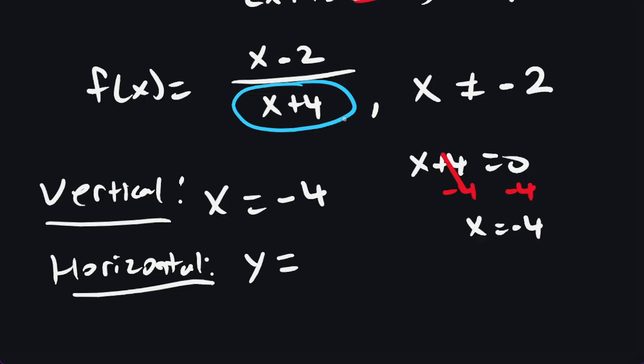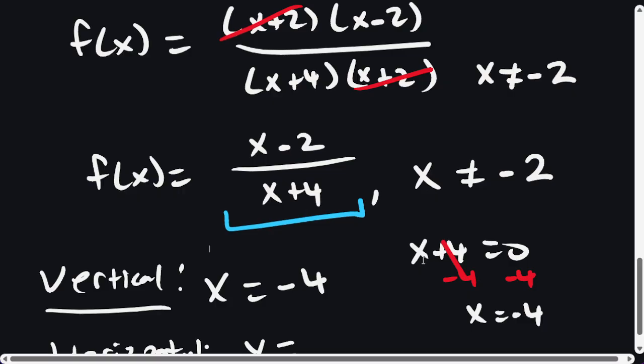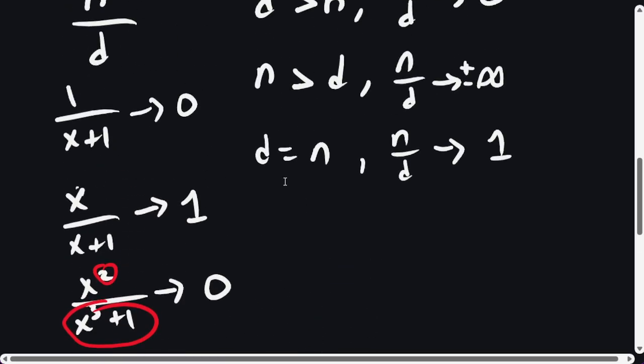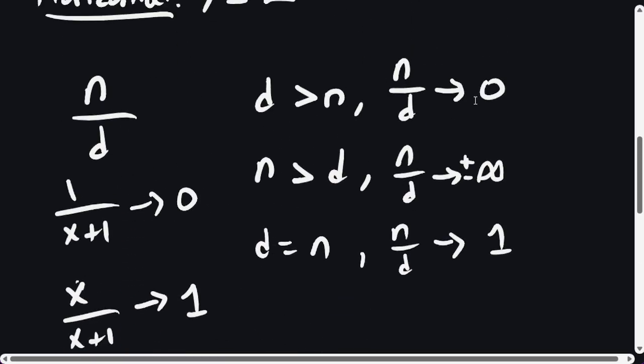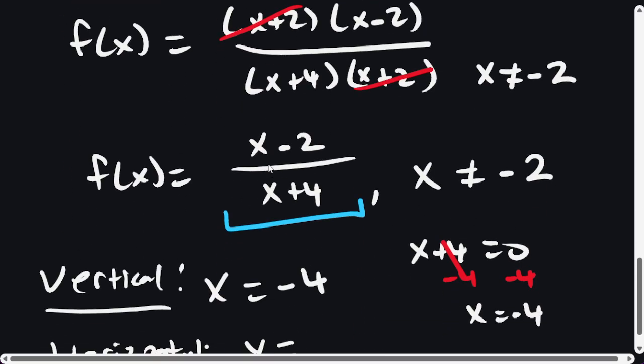Good, but what about a horizontal asymptote? So you have to take a look at the term right here, and you have to examine what number this will approach as x gets bigger and bigger and bigger. So will it approach, as through our examples right here, 0, infinity, or 1? What will it approach? So we have to take a look at the degree.